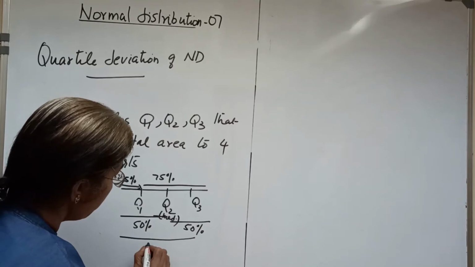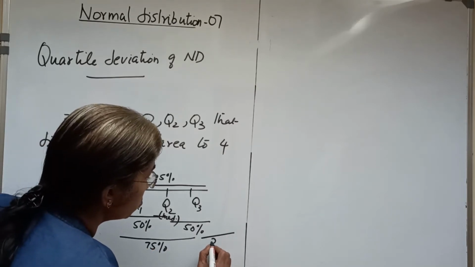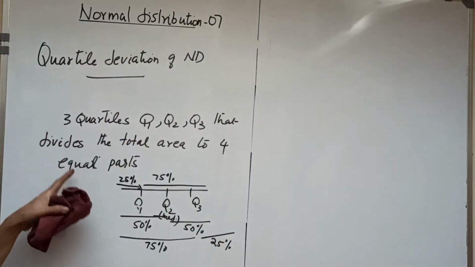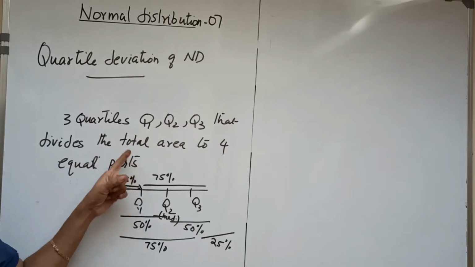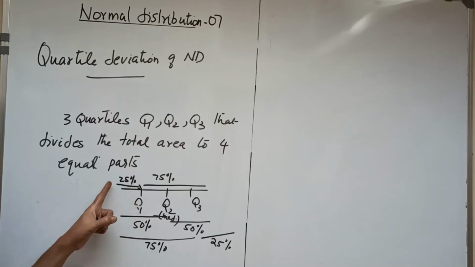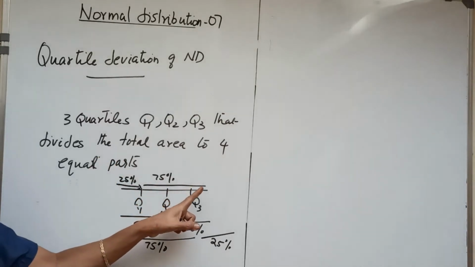Q3 is such that below is 75% and above is 25%. So the 3 quartiles Q1, Q2, Q3 divide the total area into 4 equal parts.